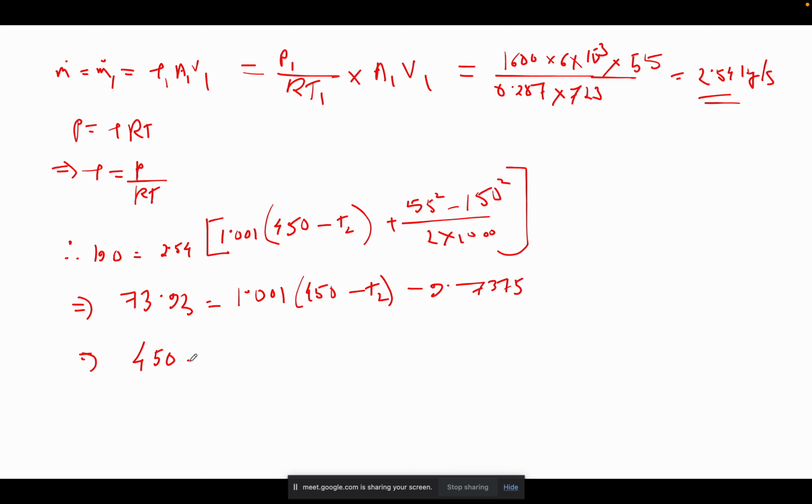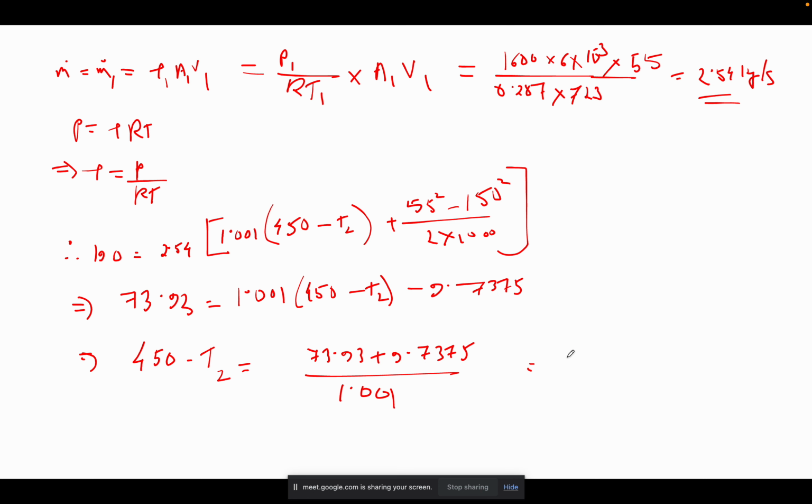Okay, so 450 minus T2 will be basically equal to 73.93 plus 9.7375 divided by 1.001.